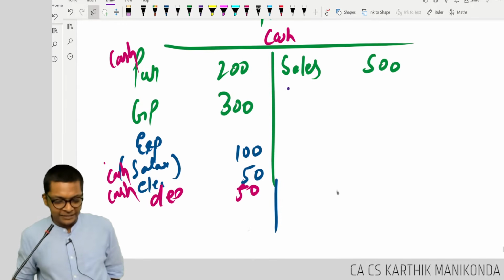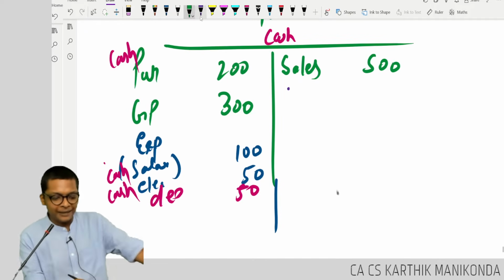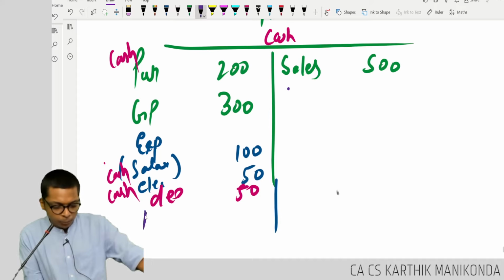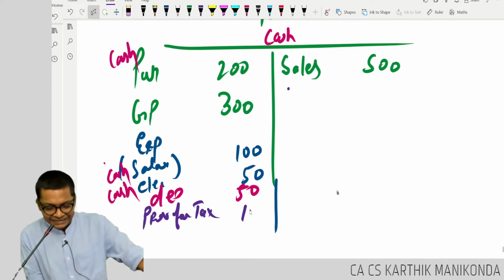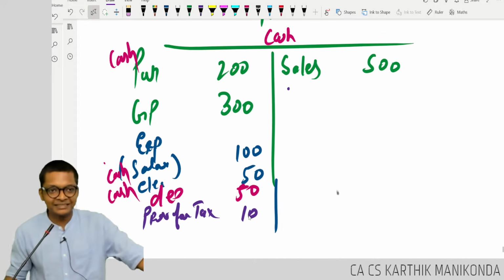Okay, these are same, guys. So sales, everything same. I'm adding one more expense. Provision for tax 10. Provision for tax 10.